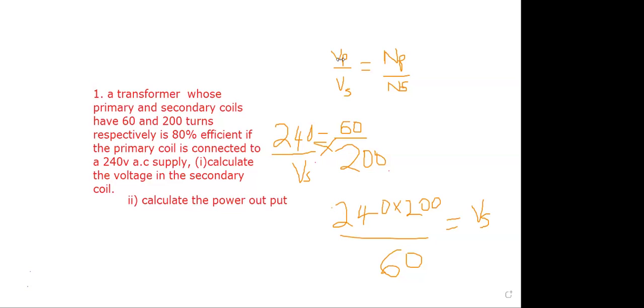Now in our WhatsApp group, I'm going to share more questions when I've written them properly for you, so you answer those questions. Then in our next lesson, we are going to talk about how power is consumed in our homes.